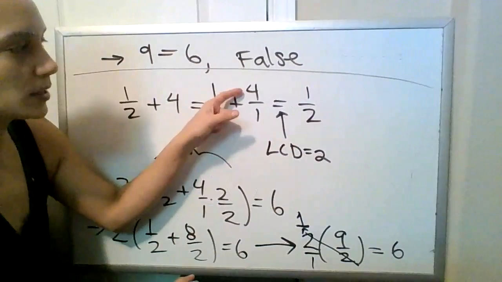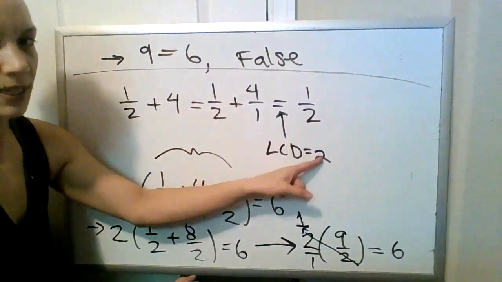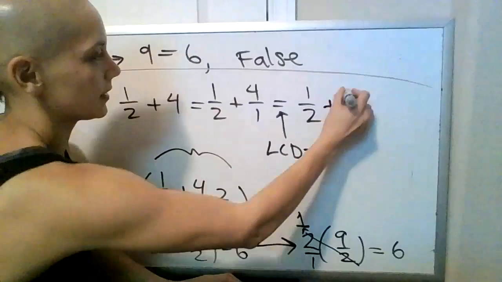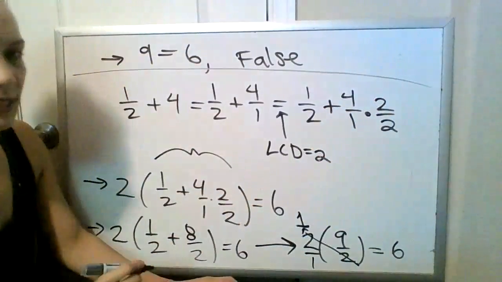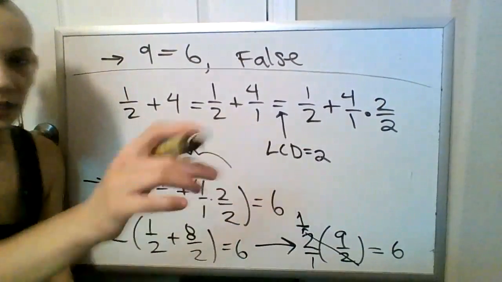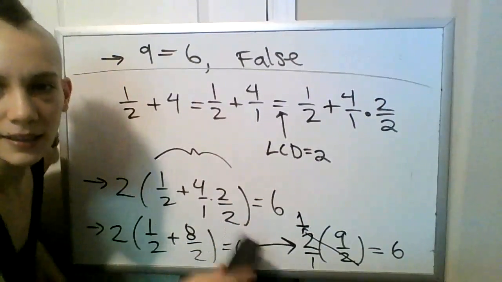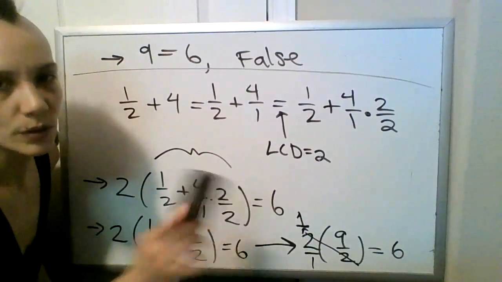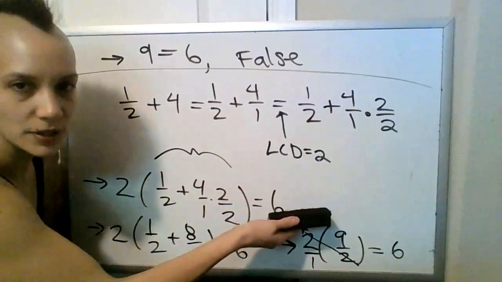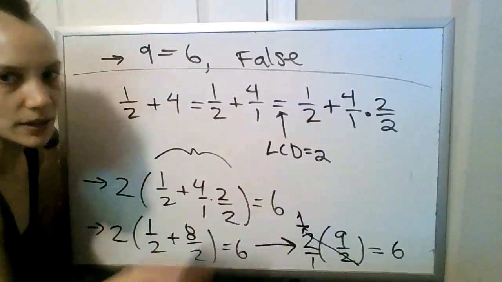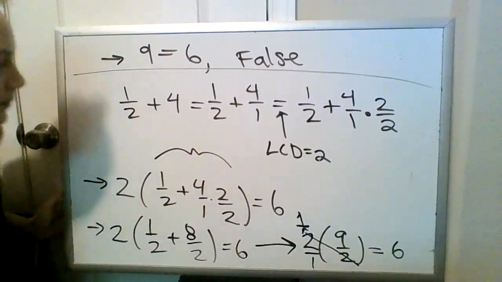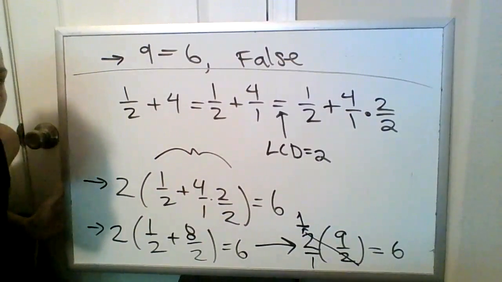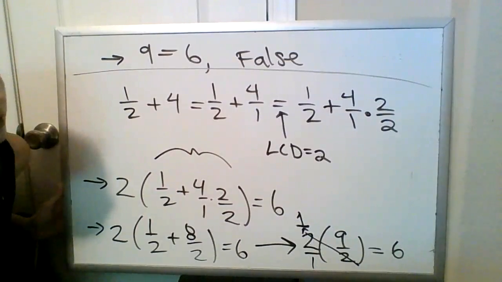So that's where you multiply the numerator and denominator by that missing LCD factor. So it's like part of the review that we did earlier. And you don't have to use the least common denominator. Any common denominator is okay. So I think that's it. We found out that that's not a solution.